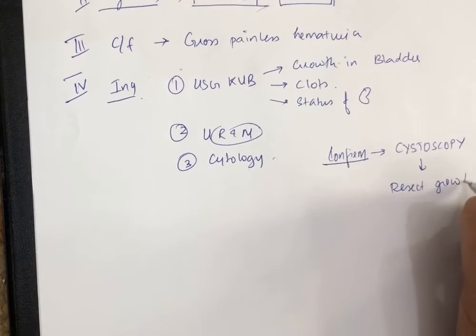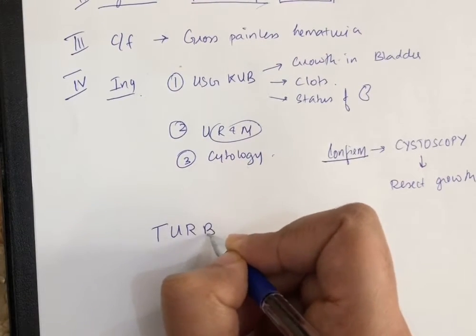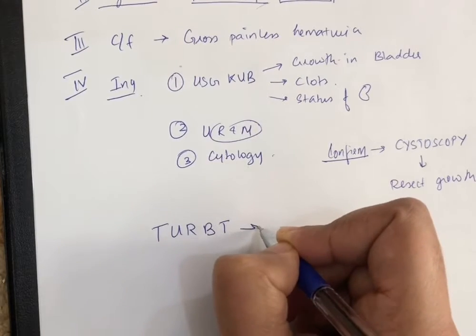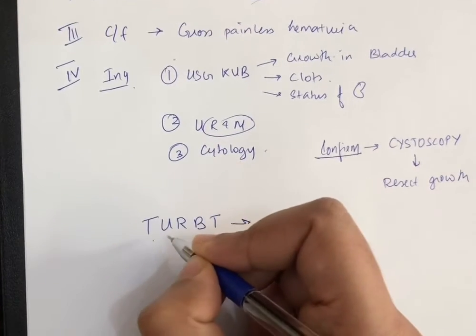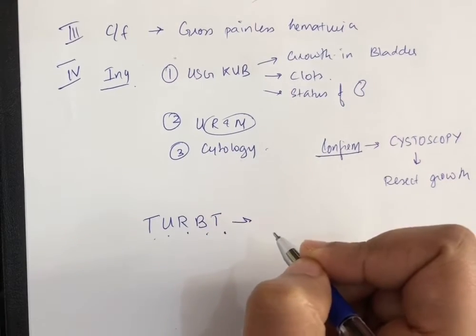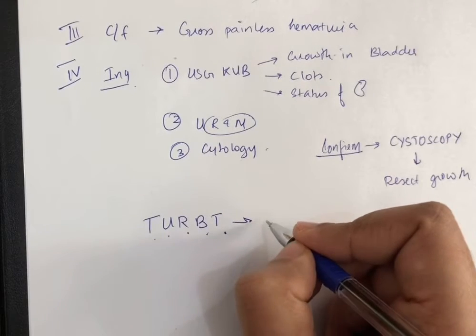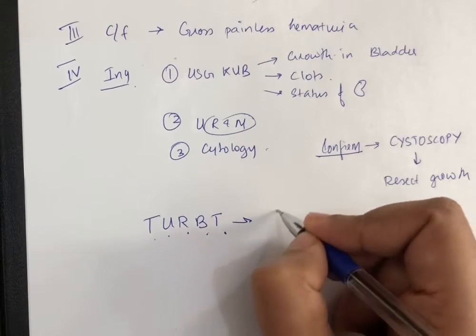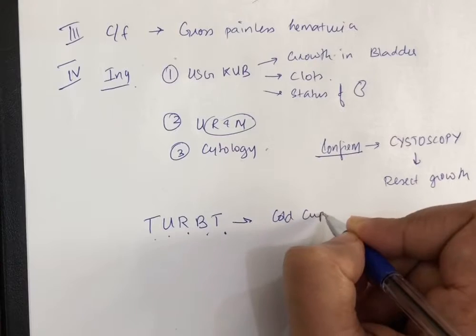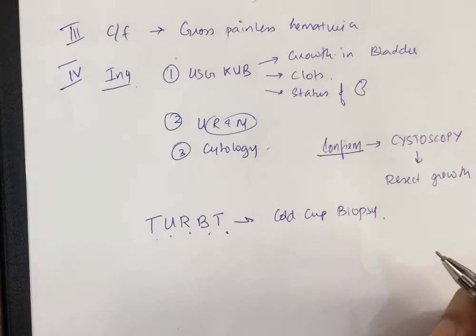So what is that called? It is TURBT. What is that? It is transurethral resection of bladder tumor. After that you can do a cold cup biopsy, and then you can determine the T staging.